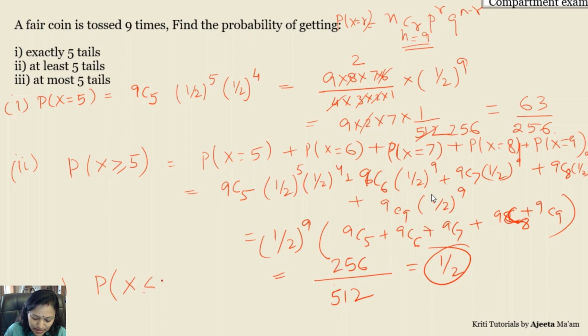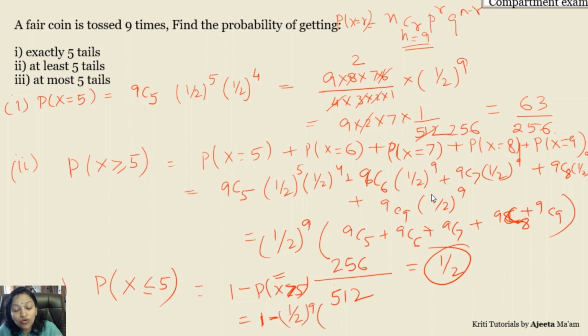At most, x less than or equal to 5. Now this is again going to be easy, because this can be written as 1 minus x greater than 5, the not-equal-to case will be extra for us. So if I go for this, 1 by 2 raised to 9 again.